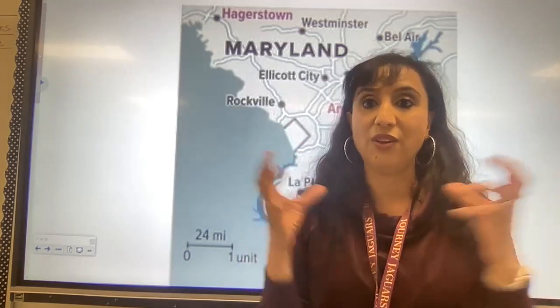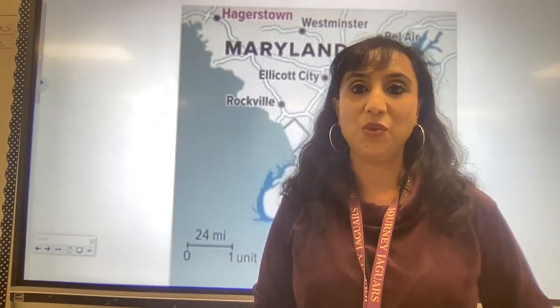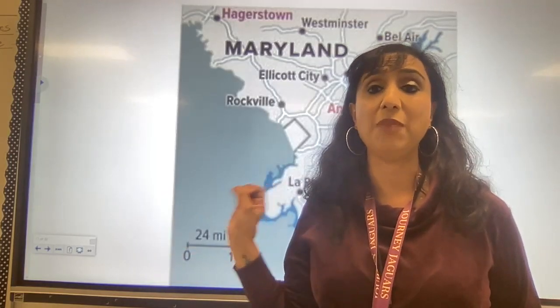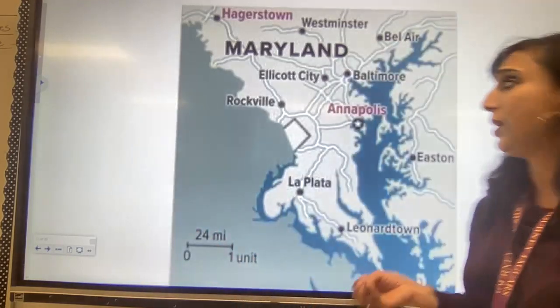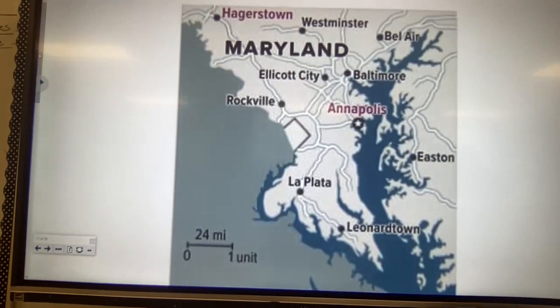The entire country fitting in my classroom, that would be something else. Okay, doesn't work like that. And so that is why we have the scaled down model, and every map is nothing but a scale drawing of the larger representation.